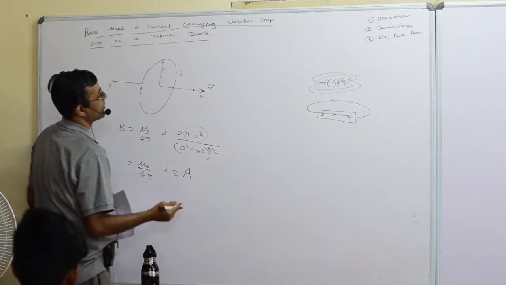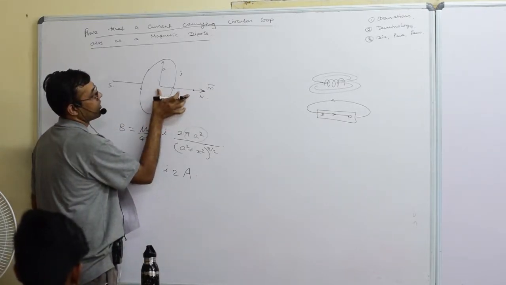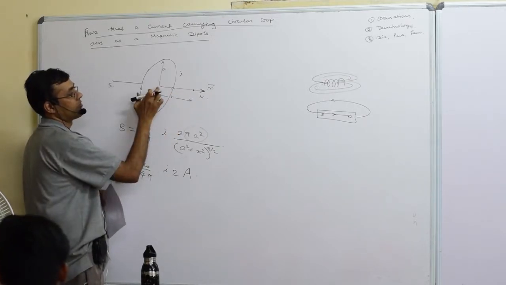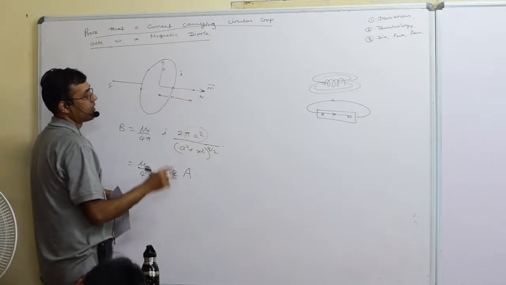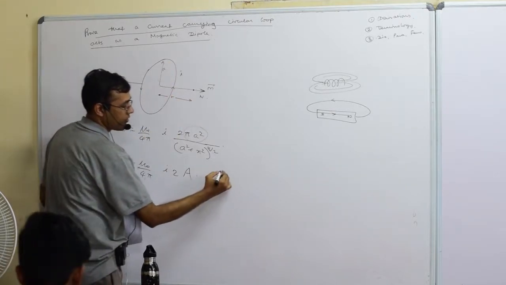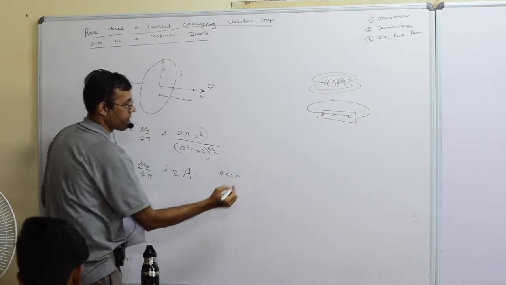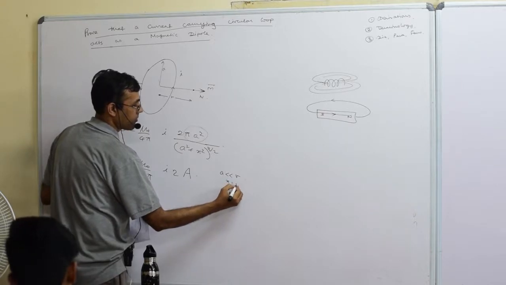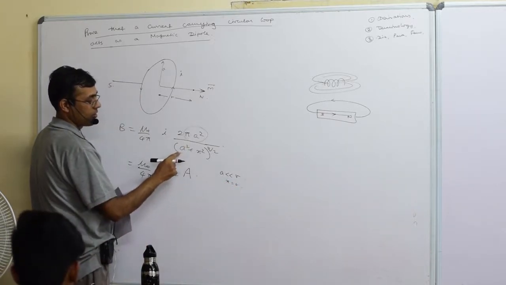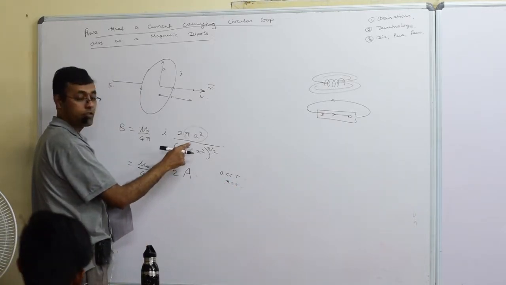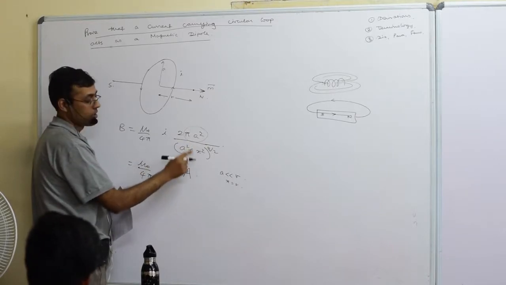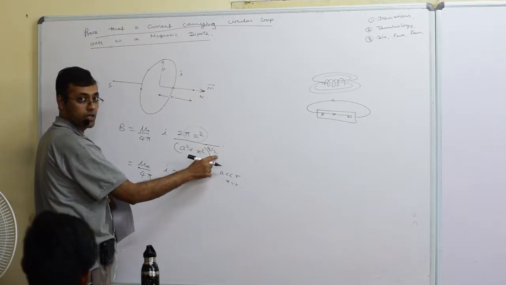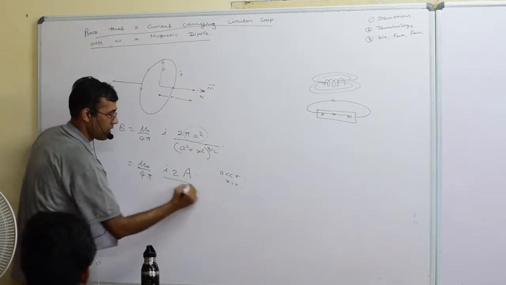Then I'm going to say that this x distance, I'm going to take it as r, from the center. And then this a, I'm going to say a is very, very small compared to r. And x is equal to r. That means this will go away because a itself is very small, so a square will be even smaller. Which means if I substitute r here, it will be r squared. And this 2 and 2 will cancel. And then it will be r cube.